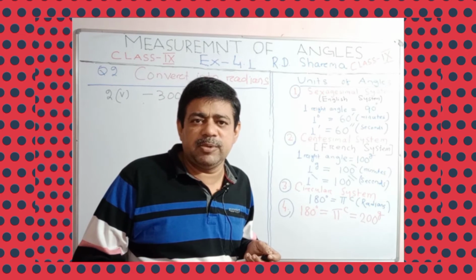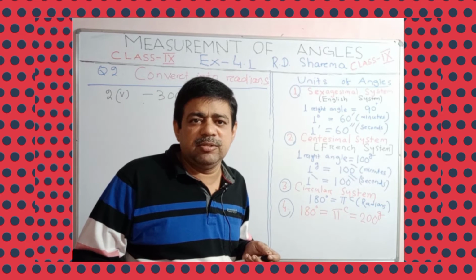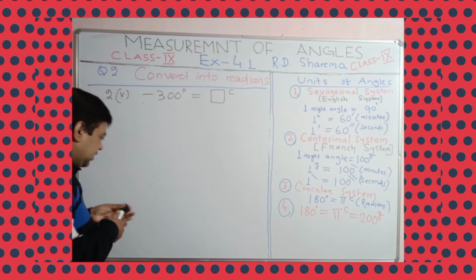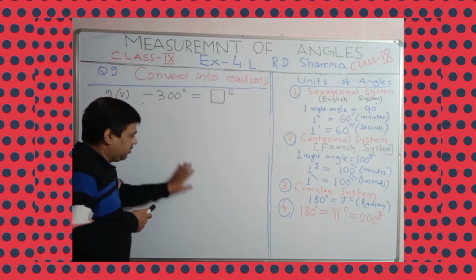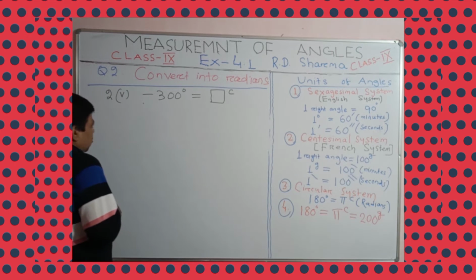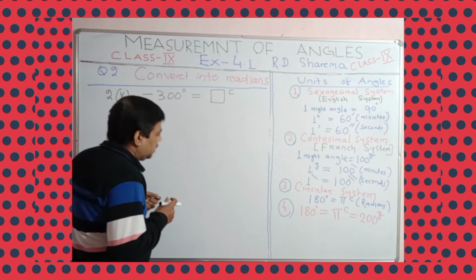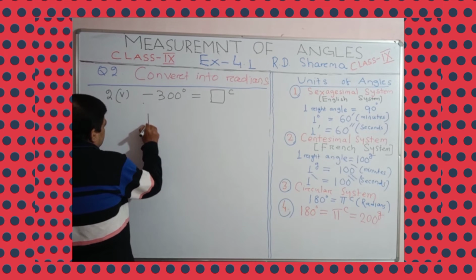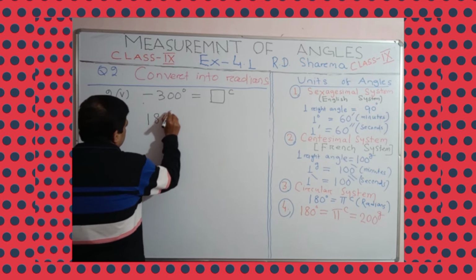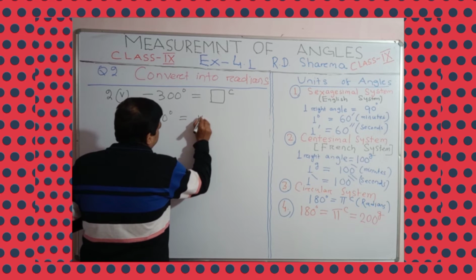I think it is easy for you and you can do it. Yes or no? It's very simple. I hope you are taking interest and you are understanding the concept, how to convert the angle from one system to another system. So using the concept, let's see. 180 degree is equal to how much radian? Pi radian.